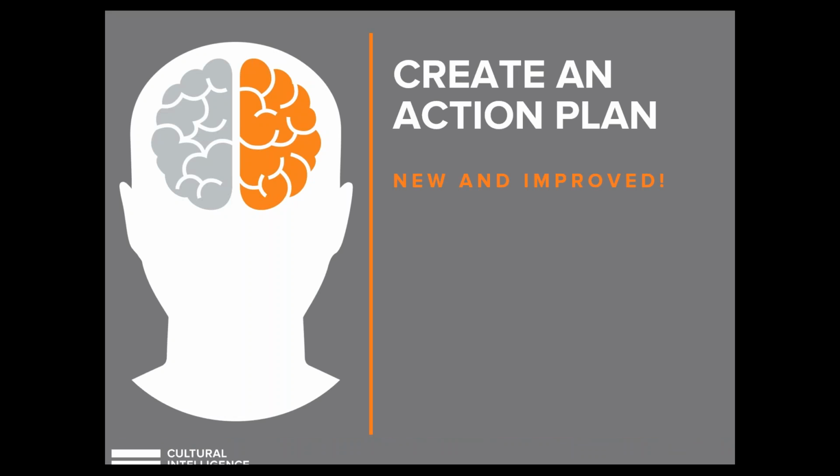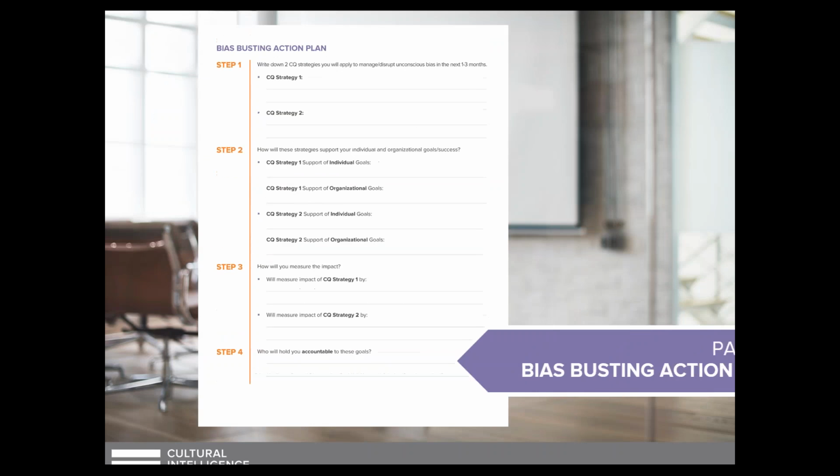The other area that we've beefed up a bit is the action plan. That was a part of the original, but we've now streamlined that and created a one-page action plan that we're calling a bias busting action plan. And you'll see here, this is part of the CQ Your Bias participant guide as well, a one-pager where they can go through 4 steps to, 1, identify CQ strategies that you will have talked about throughout the training to manage their bias over the next 1 to 3 months.